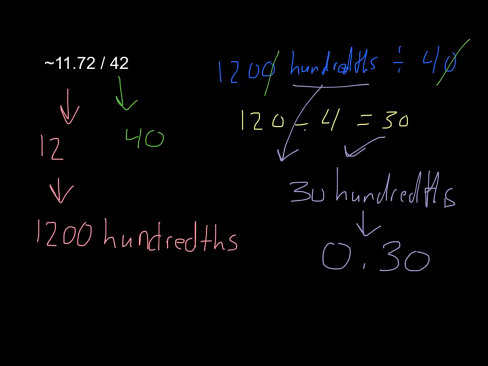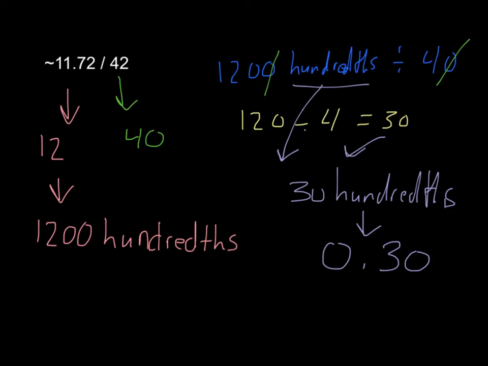When I solved it, I rounded 11 72/100ths to 12, which I know is 12/100ths, and I rounded 42 to 40. I could have rounded this to 120/10ths, but I decided to stick with the hundredths. When I came across, I did 1,200 hundredths divided by 40.